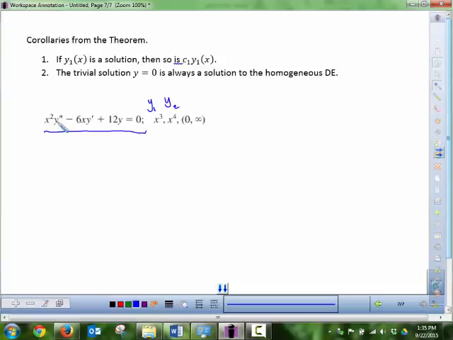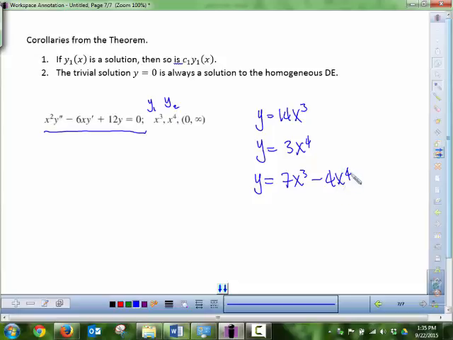Then that means y is equal to 14x cubed is also a solution. y is equal to 3x to the fourth is a solution. y is equal to 7x cubed minus 4x to the fourth is also a solution.